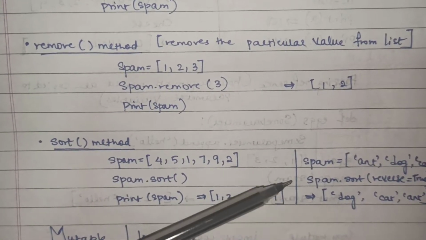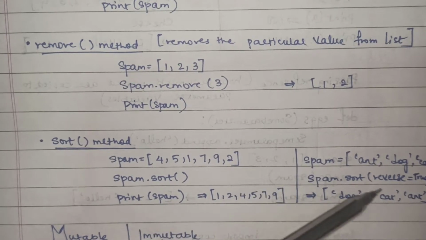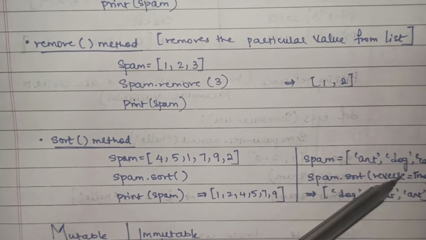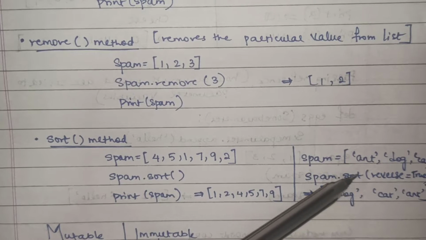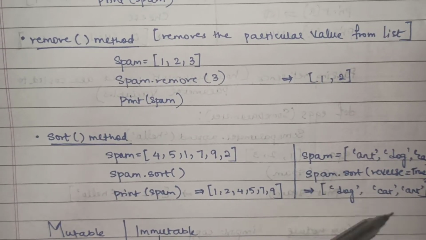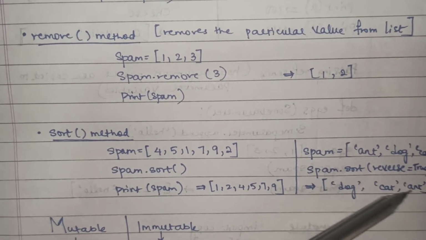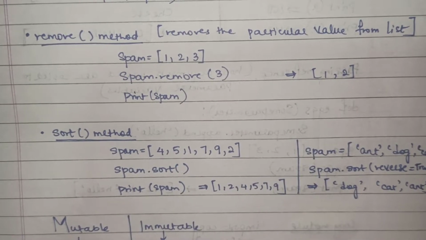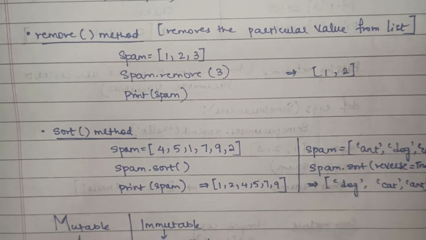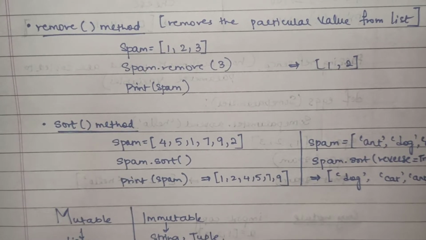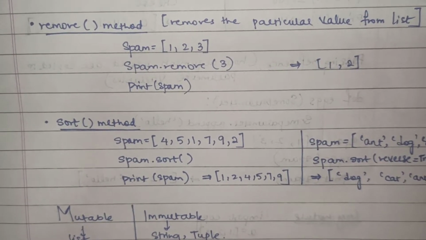But if you want it arranged in descending order, you pass the reverse equals True parameter inside the sort method, which will print the values in reverse order. That is here D, C, and A, which is in reverse order. So that is about the sort method and the different methods that can be applied on a list.